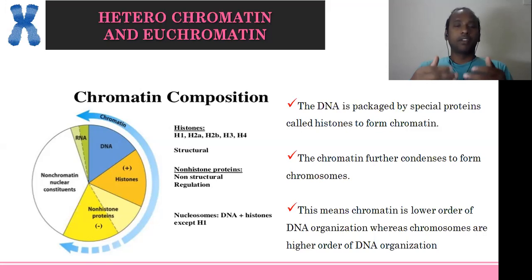There are also certain non-histone proteins, which we call SMCs, structural maintenance proteins, and obviously the DNA as well as RNA should be present. So in a single term, chromatin is a nucleoprotein where DNA plus RNA plus proteins are present.